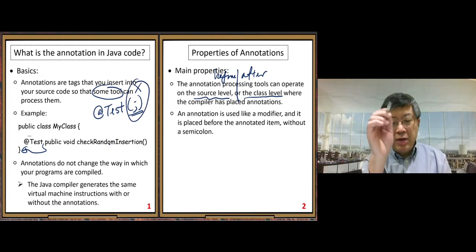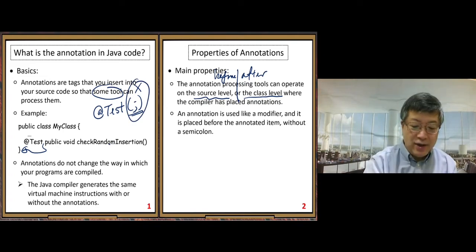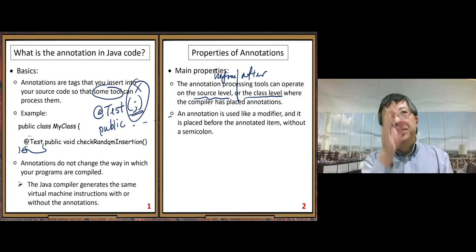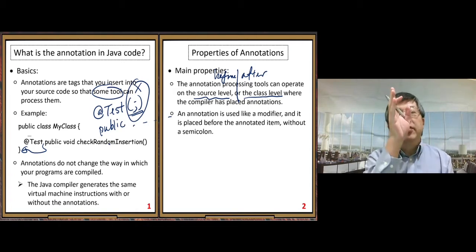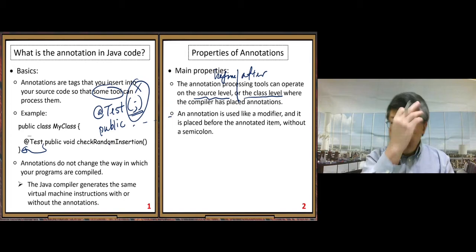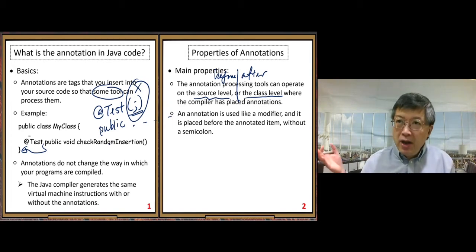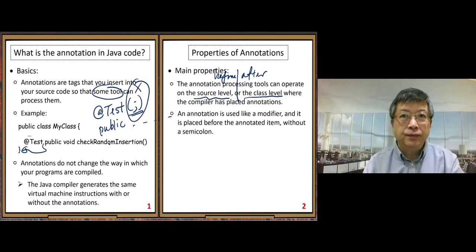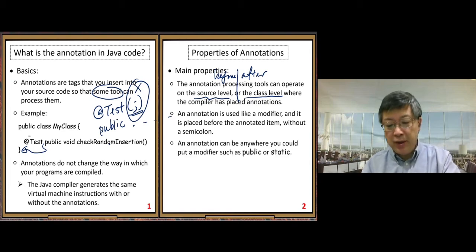Don't by accident put a semicolon there. Although we add test, usually the public part we write on the second line. Because annotation is not a Java statement. A Java statement, we know, ends with a semicolon. But an annotation is not a Java statement, so don't put any semicolon at the end.